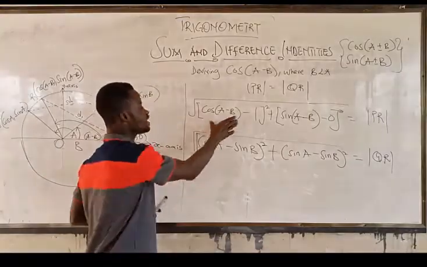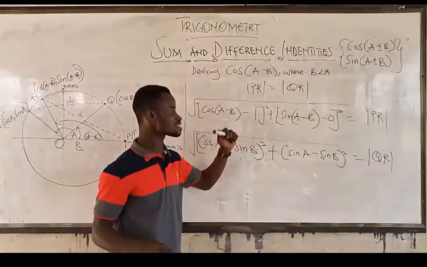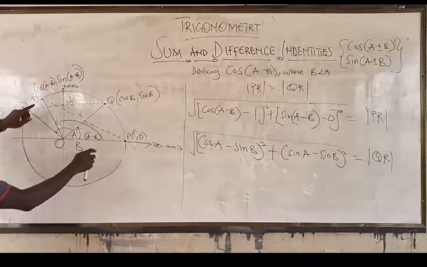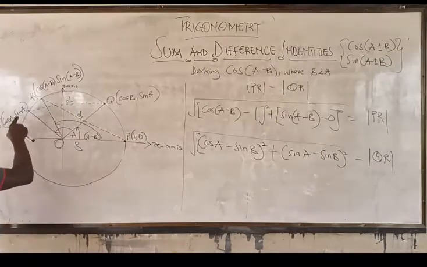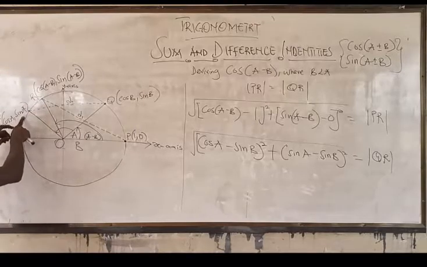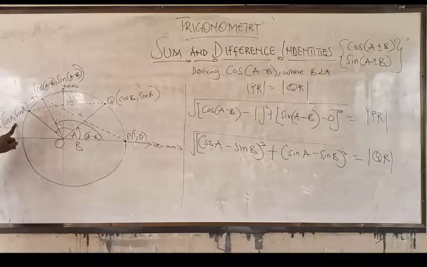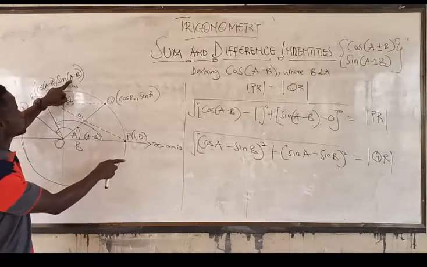So that is the change in X squared, plus the change in Y squared. This is the Y2 and this is the Y1.